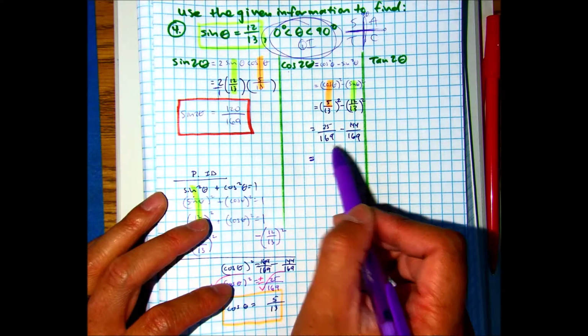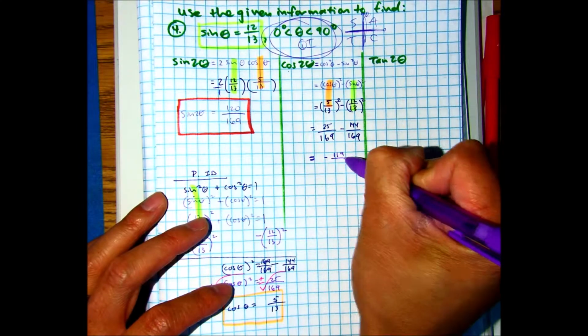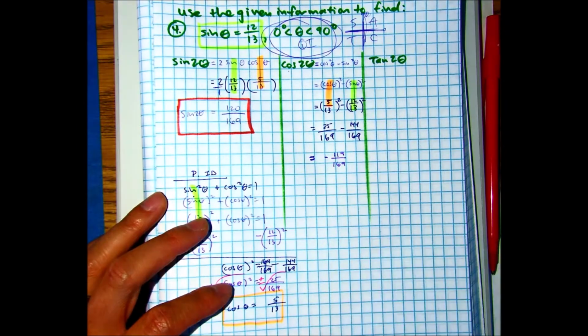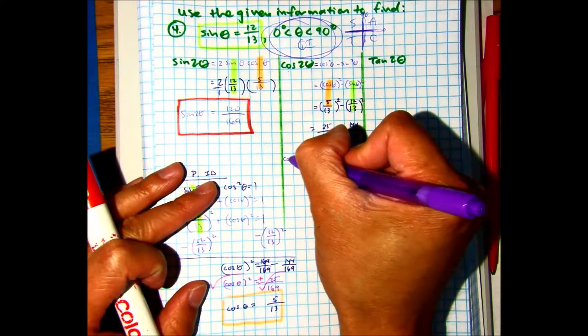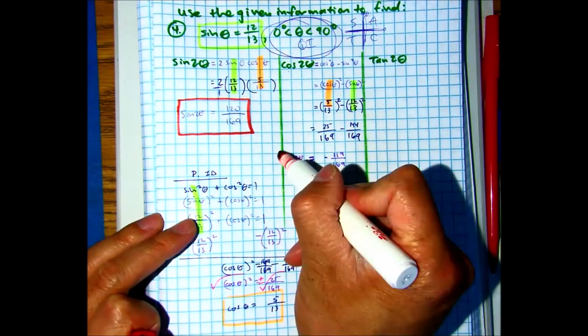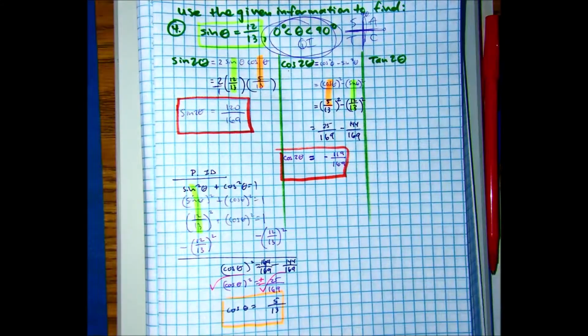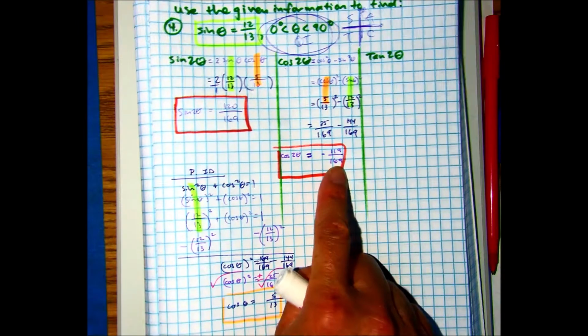Negative 119 maybe? And we just found the double angle identity for cosine. Remember, you could have used the other ones, but your answer was the same.